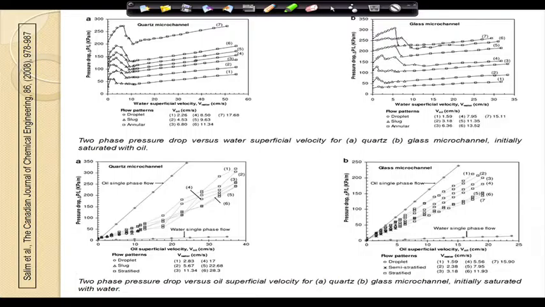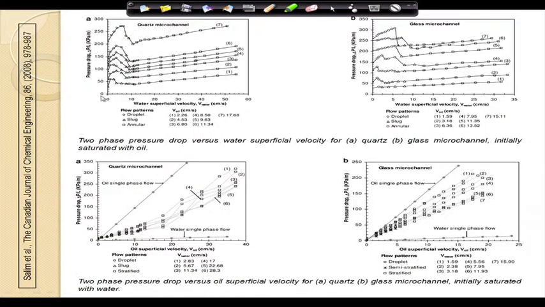What happens when a plug flow occurs? There is a liquid film which separates the gas plugs or the oil plugs from the wall. Now, this flows in a counter current direction to the rise of plugs, and at the end of the plug it comes and meets the upward flowing water slug which is just following the oil plug or the gas plug.